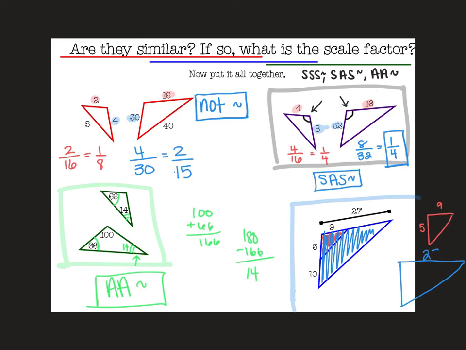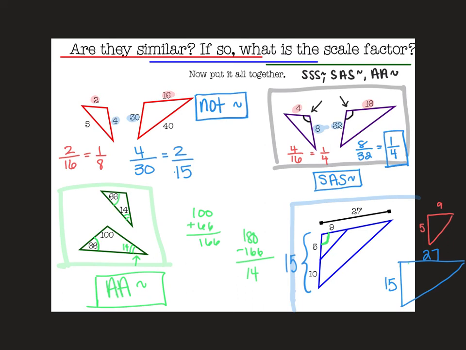The top side's labeled 27. You don't have this part labeled, but you can definitely figure out because this piece is 5, this piece is 10, whole thing is 15. If you look at the picture, let me erase my scribbles. Can you see how the two triangles both have this angle right here? They share it. It's the same in both.